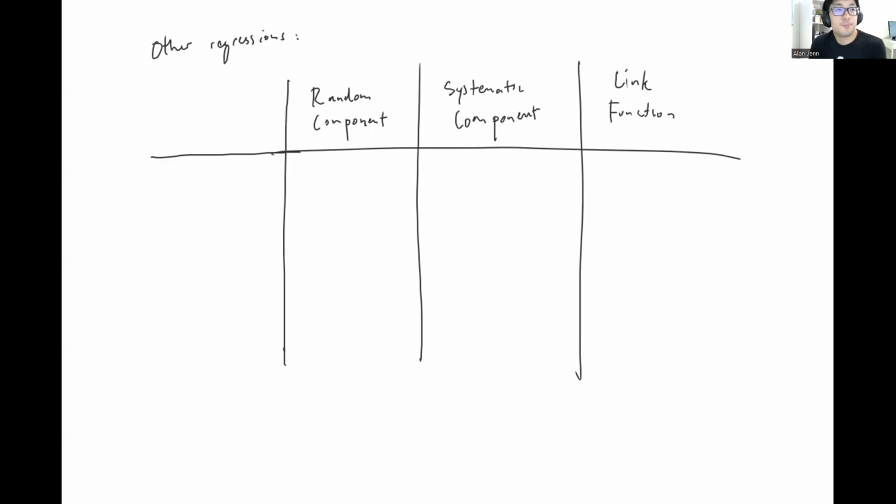So what are some other model types? You've got log linear. The random component here is a Poisson distribution.